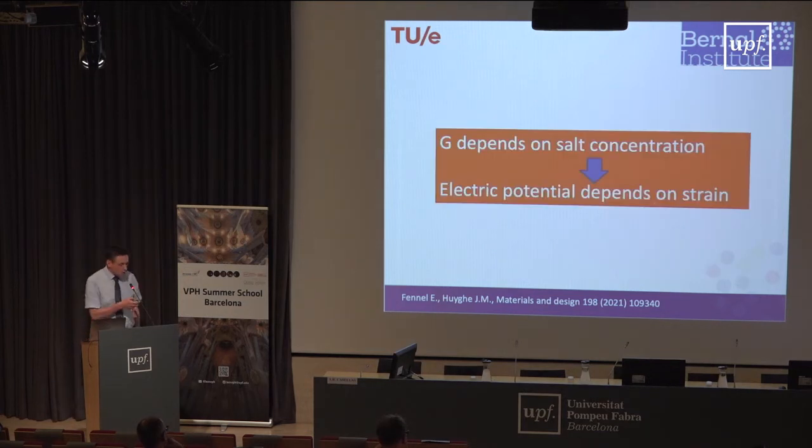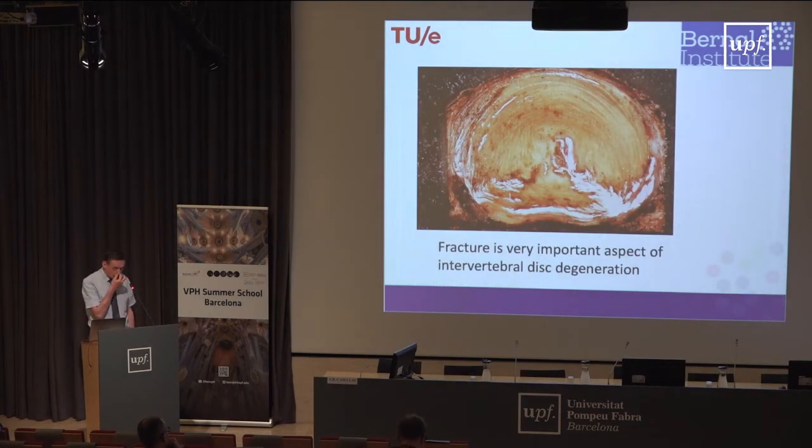All of these we can build into the model so as to represent really what is happening in such a gel. And automatically, when you assume the shear modulus to depend on salt concentration, the electric potential also depends on strain, which may be extremely relevant to mechanotransduction as well.